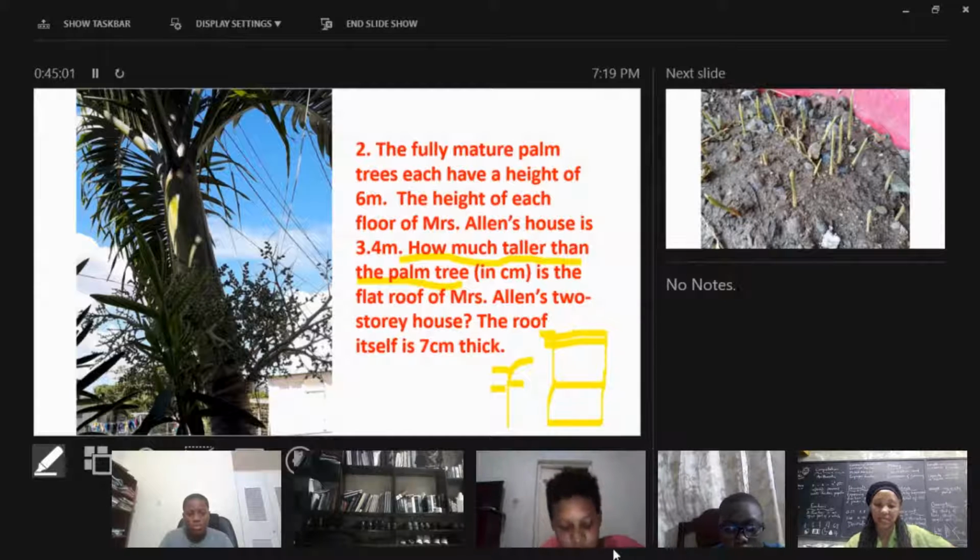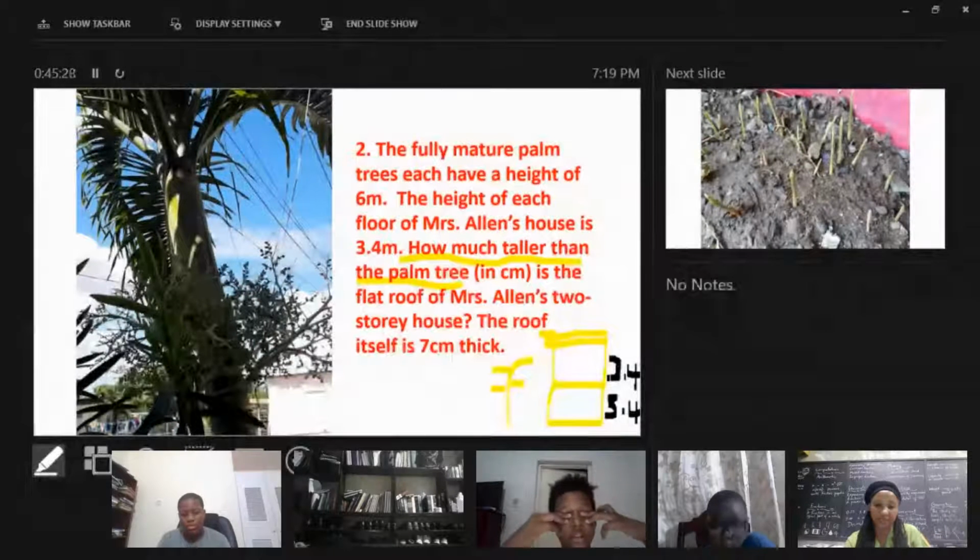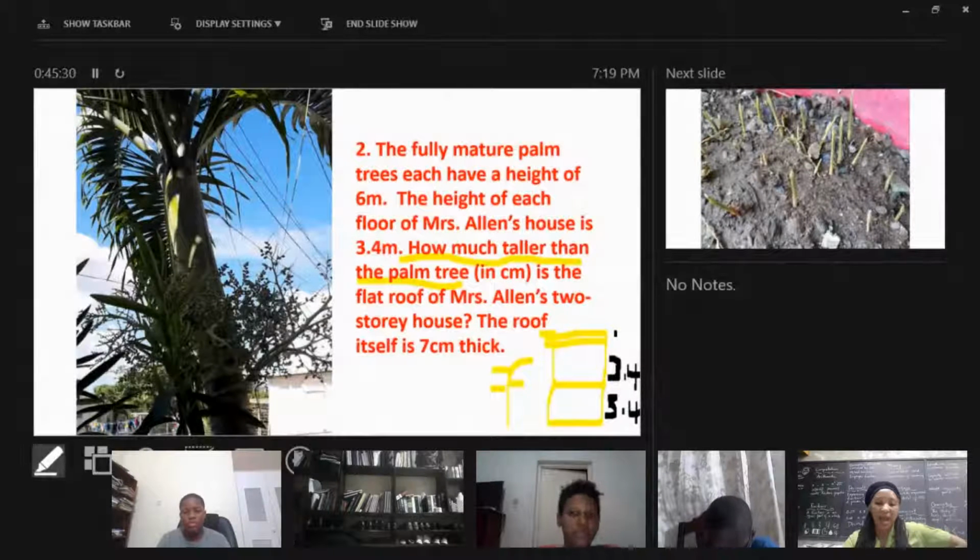So let's put in the measurements. This floor or this story is 3.4. This one is also 3.4. But that's in meters, so in centimeters, it would be 340 centimeters. And the thickness of the roof is 7 centimeters.